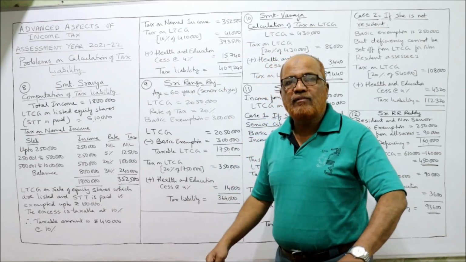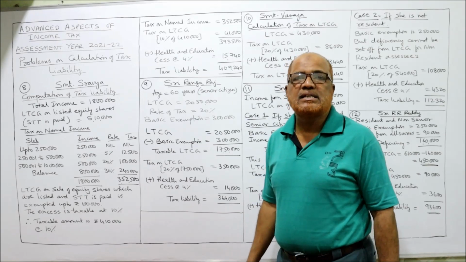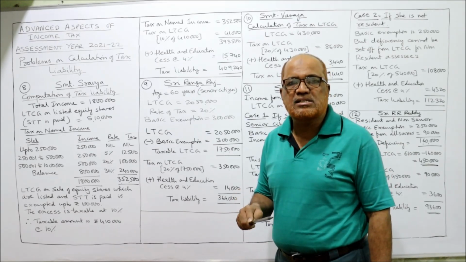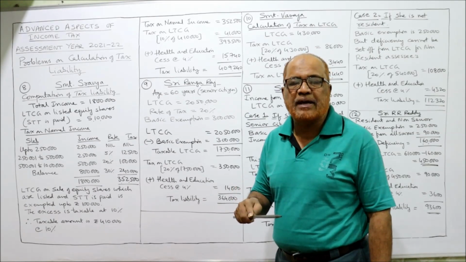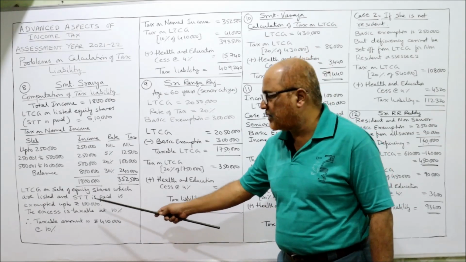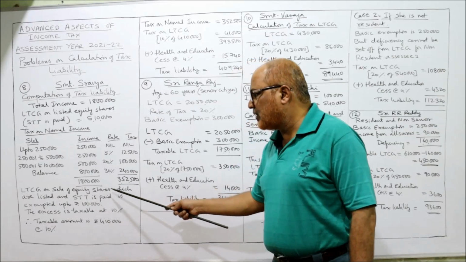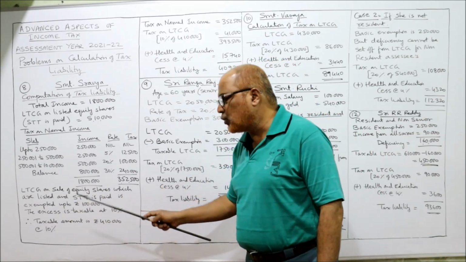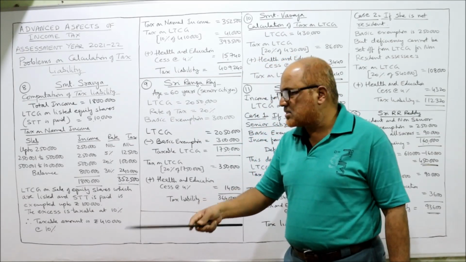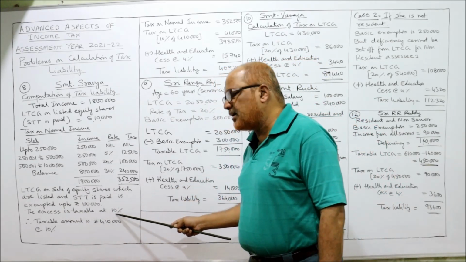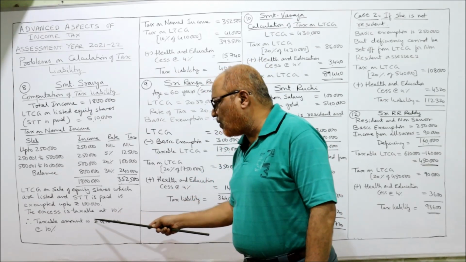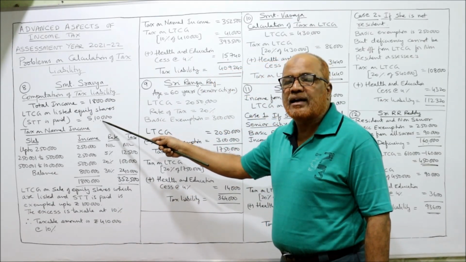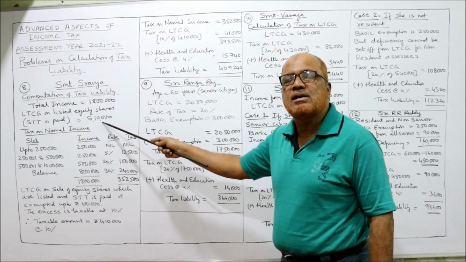Now we compute the tax on LTCG. Just now I told you, LTCG on sale of listed equity shares where STT is paid is exempted up to 1 lakh rupees. The excess is taxable at 10%. So the taxable amount is 4 lakh 10,000, because 5 lakh 10,000 is the total; out of that, 1 lakh rupees is exempted.